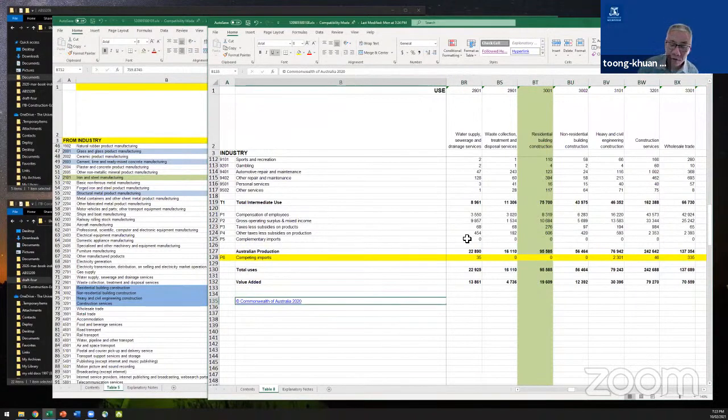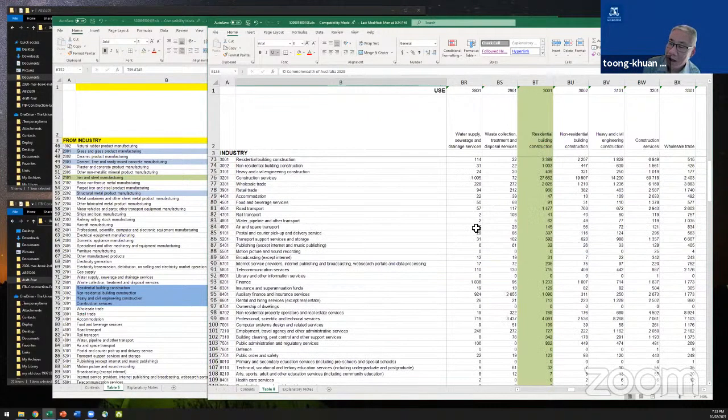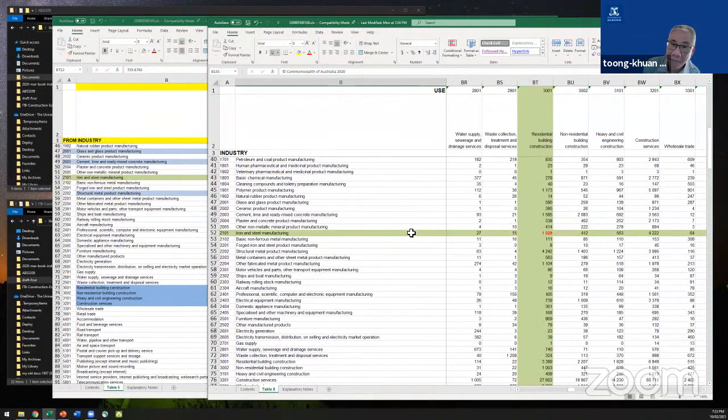So the imports have now been allocated to the sector that produces them, even though they are imported. So over here, line iron and steel manufacturing includes domestic production plus imports.